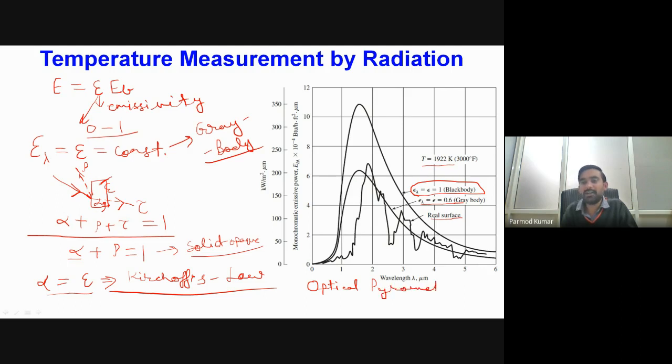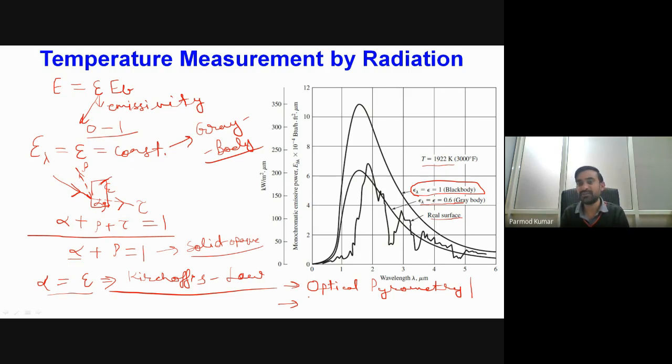Optical pyrometry is based on visual inspection, and by visually inspecting our surface where we want to measure the temperature, we generally try to obtain the value of temperature. And the second thing we can do is measure how much radiation is emitted by a surface.